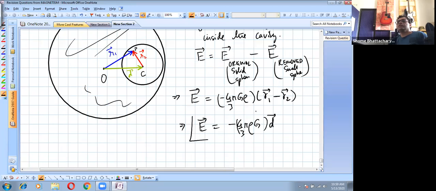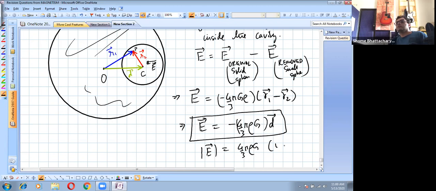it's a uniform field. We don't draw field lines as such, but at any point the gravitational field will be like this. So E is uniform, with this magnitude.